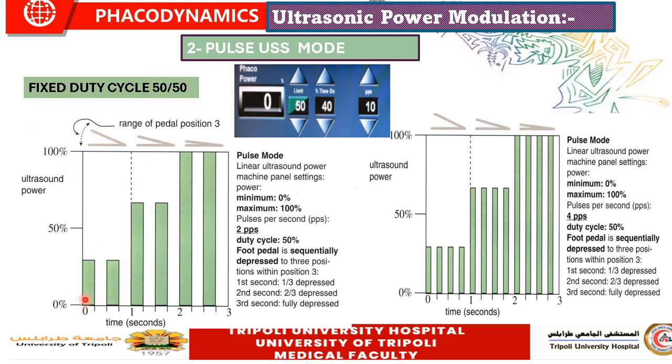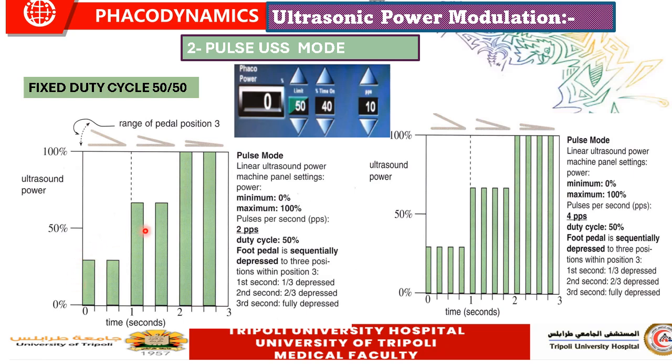For example, one duty cycle is made up of one pulse on time and off time. So this indicates 50% on time and 50% off time. This is the usual traditional pulse. However, in the next slides we will speak about the modulation of the duty cycle, and we will explain later on the hyper pulse and the hyper burst mode.